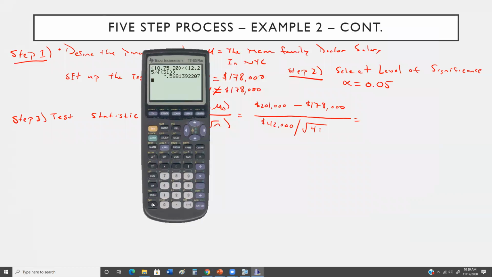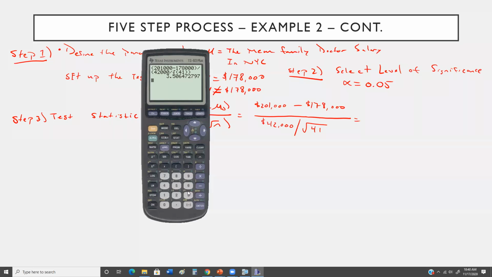It's always worth it to practice this as you see me do it. So on the top gets parentheses. Divide by, bottom gets parentheses. Let's see if I did it right.